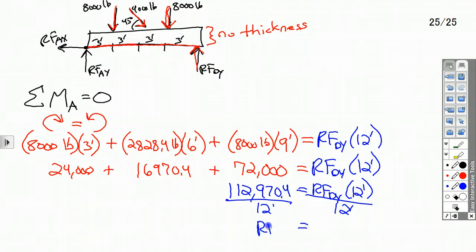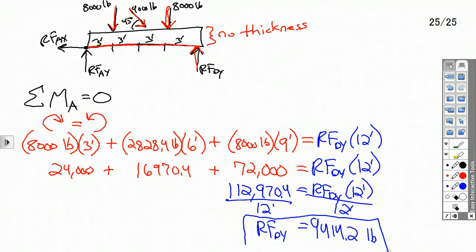So RF dy is equal to, drumroll please, 9,414.2 pounds. Alright, so I got one of my reaction forces.